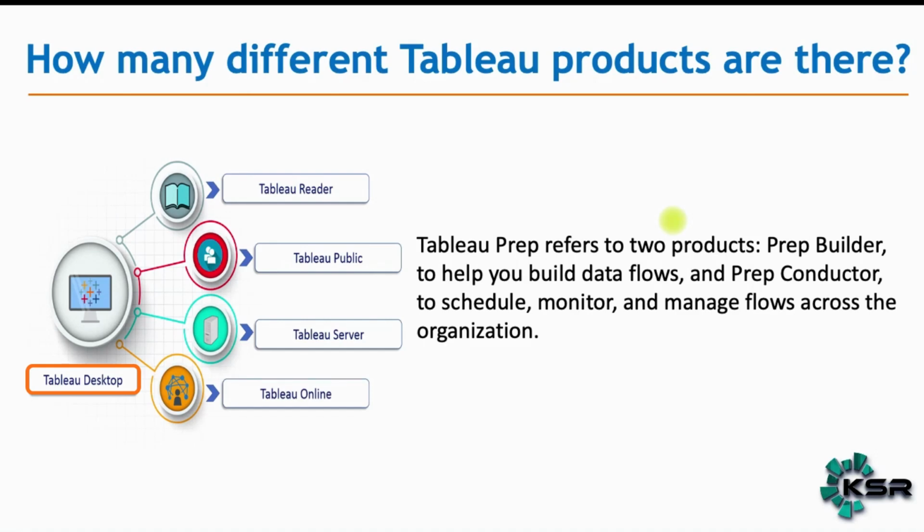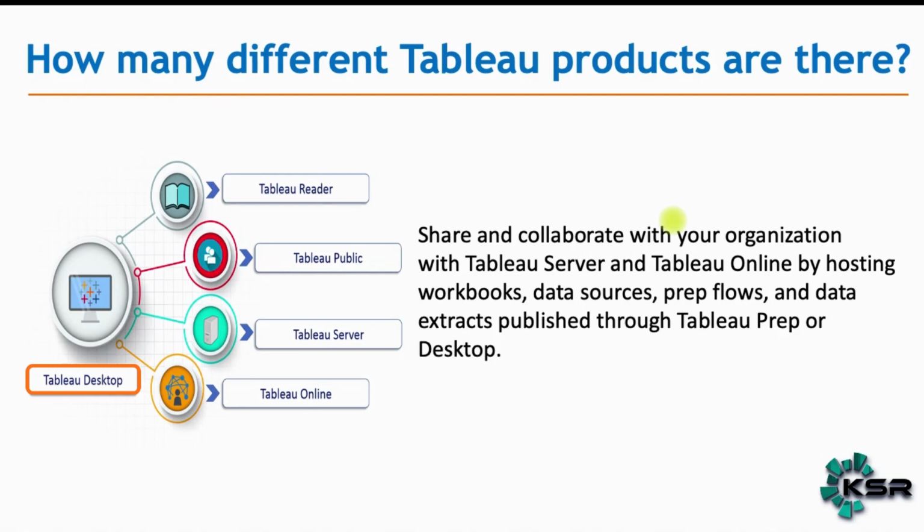Okay. Then we have Tableau Server and Online. So you can share and collaborate with your organization with Tableau Server and Tableau Online by hosting workbooks, data sources, prep flows, and data extracts published through Tableau Prep or Desktop. Now Tableau Server and Online can send data alerts when certain conditions are met.